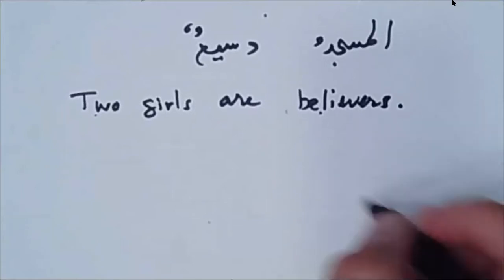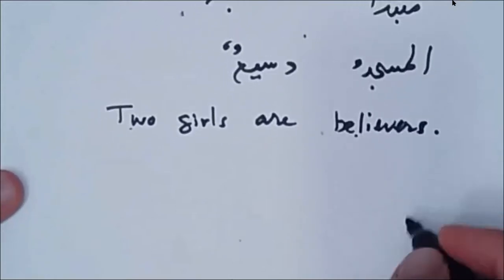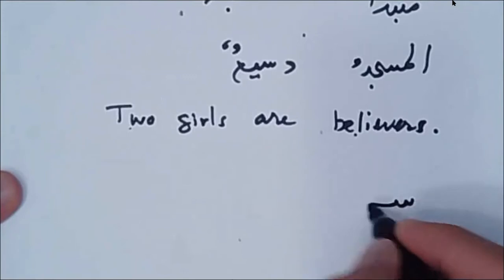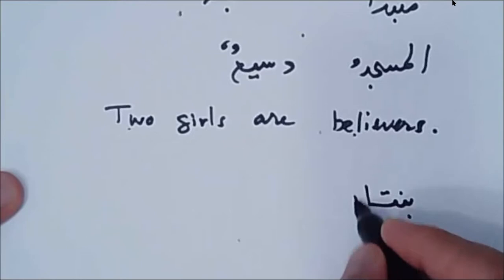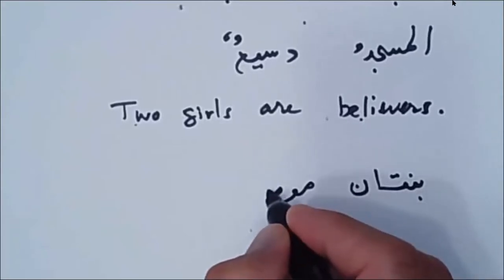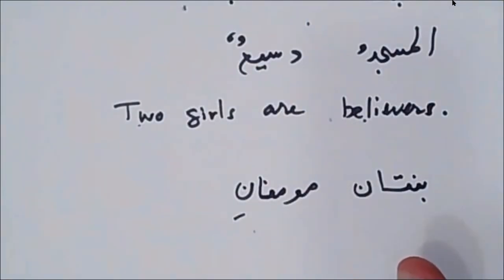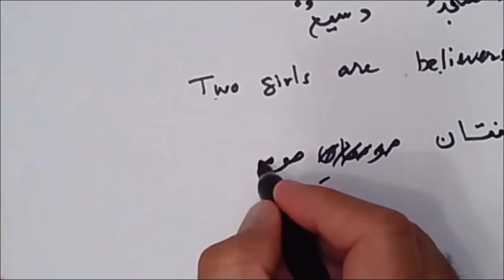Girl. What is the Arabic of girl? Bintani. Why bintani? Dual. So is it going to be bintani, and believers are mu'minani? Because the dual has to be dual, right? Is it mu'minani or mu'minatani? It's mu'minatani.